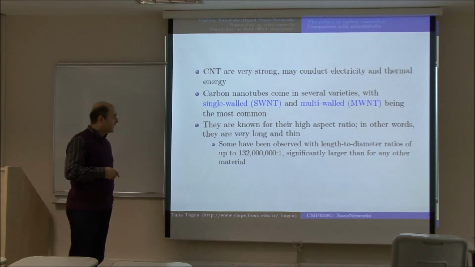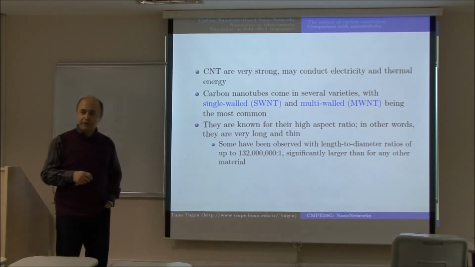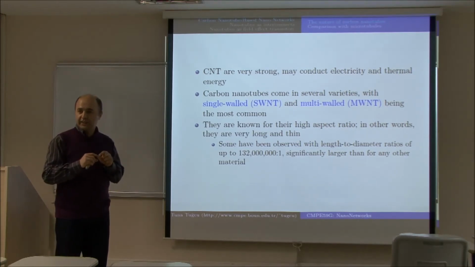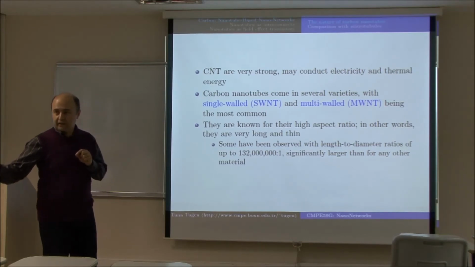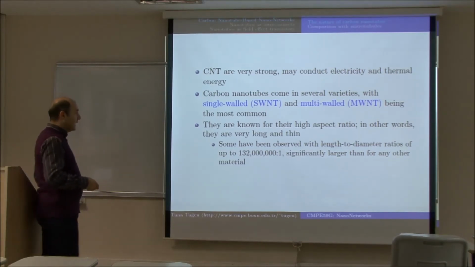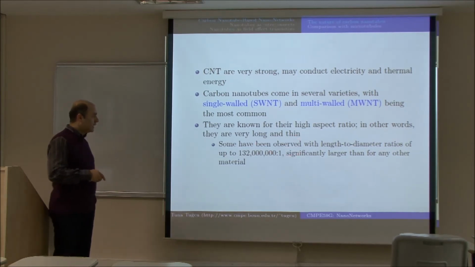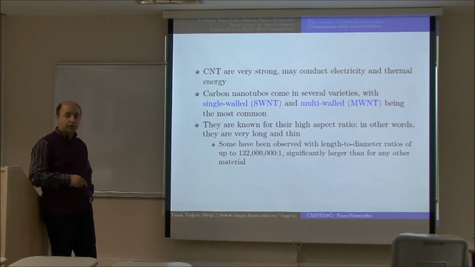Actually, the carbon nanotubes are known for their high aspect ratio. That means look at the width or thickness versus the length. That aspect ratio is very high, extremely high. In fact, higher than everything. Some have been observed with length to diameter ratios of up to 132,000 to 1.